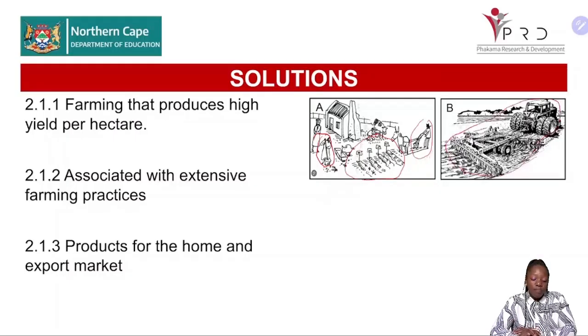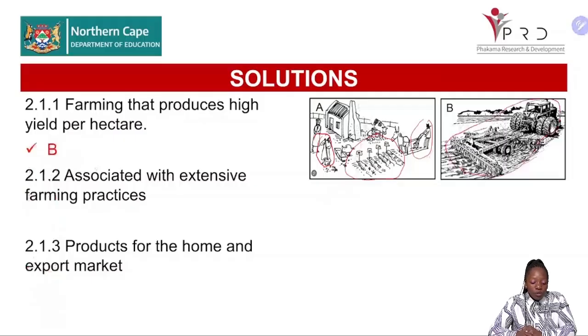So let us see what questions did we have. Your 2.1.1, the farming that produces a high yield per hectare, is it A or B? So they are producing the high yield per hectare at B because everything is done using the machines, and there are more scientific farming methods that are being practiced. So therefore, the yield is going to be larger.